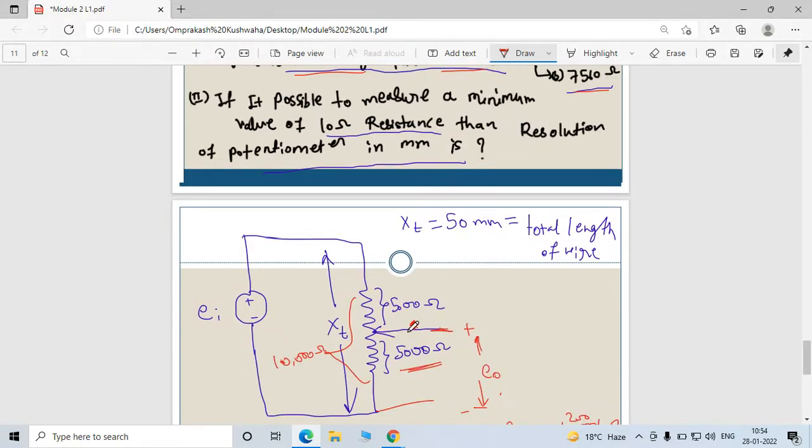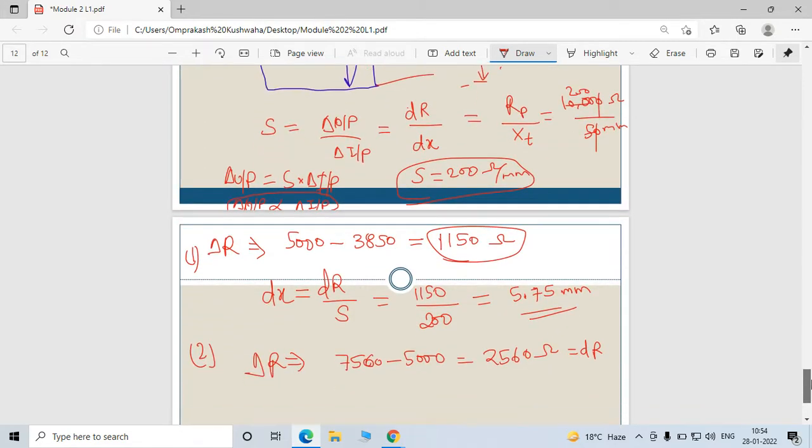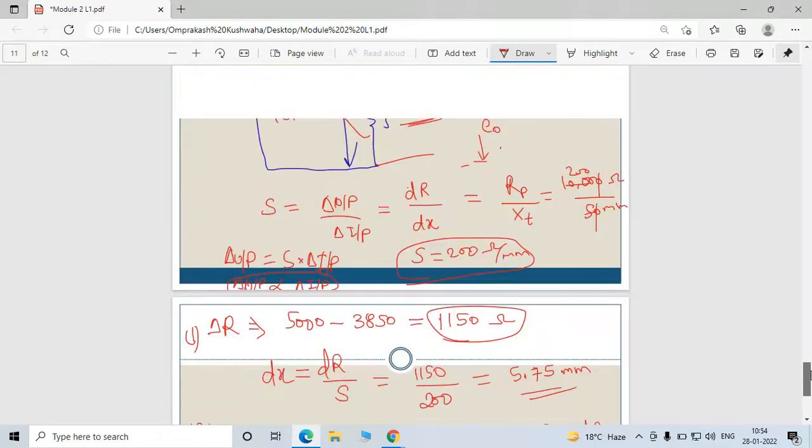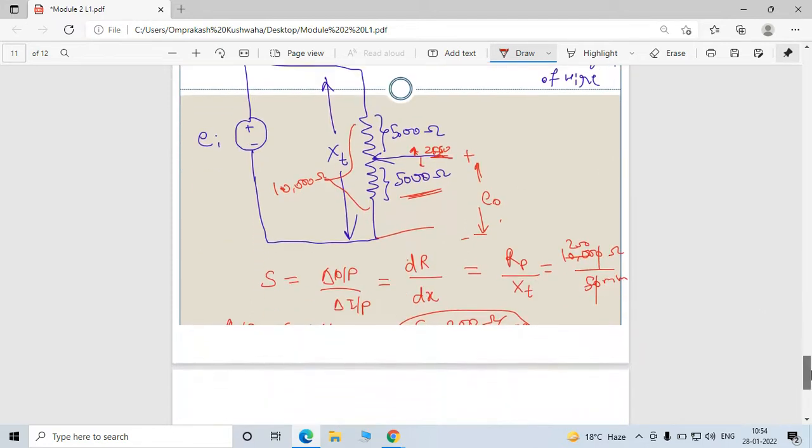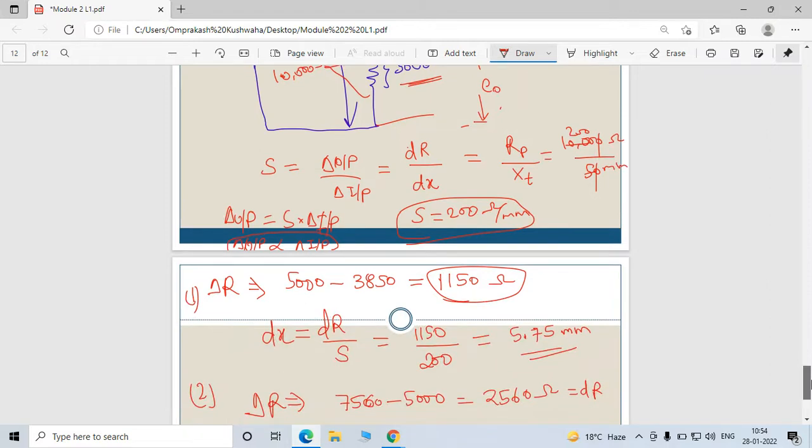So changing resistance is 2560, right? And in the first case, 2560. In the first case you slide in the downward side, so your output resistance is 1150 ohm.